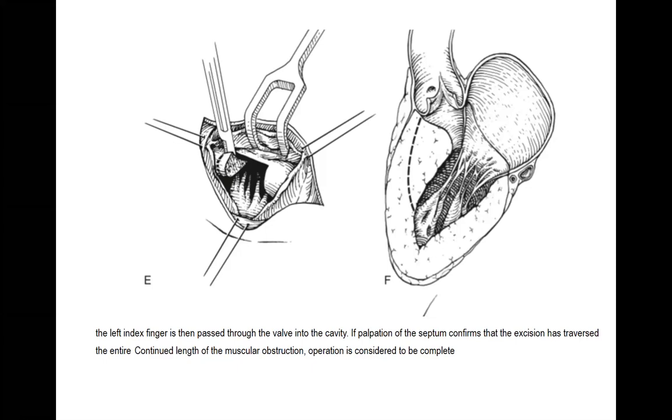So the rest after the nadir of the left is all interventricular septum. That's why you have to be careful. If you cannot see, you can go up to the commissure, but you do it from nadir to nadir.